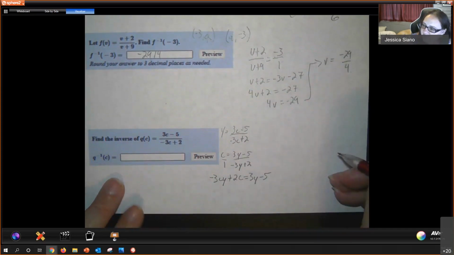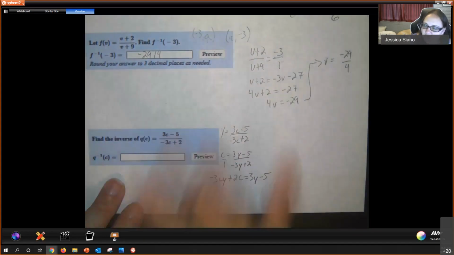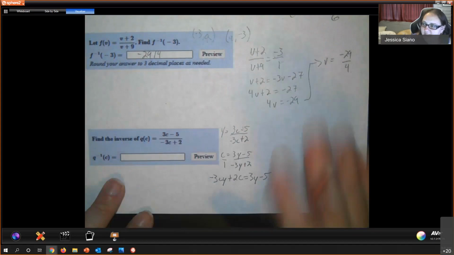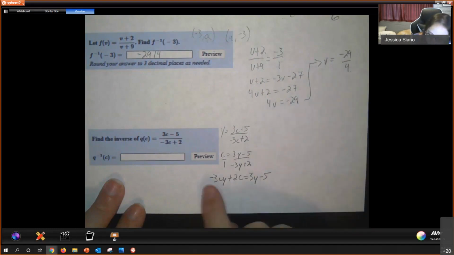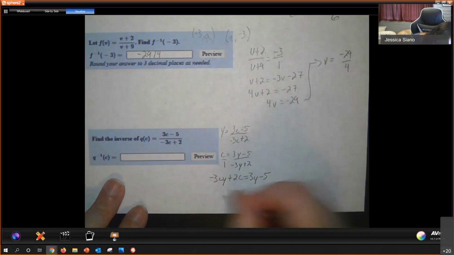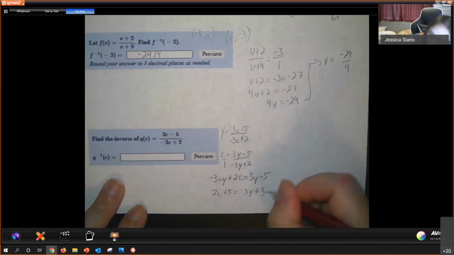So I need to get everything that has a Y together on one side and everything that doesn't have a Y together on the other. So let's move this 5 over. We're going to swap the places of this 5 and this -3CY. So I'm going to have 2C plus 5 and then 3Y plus 3CY.